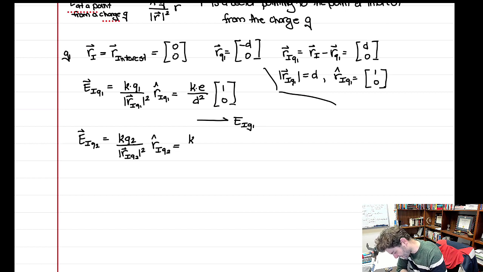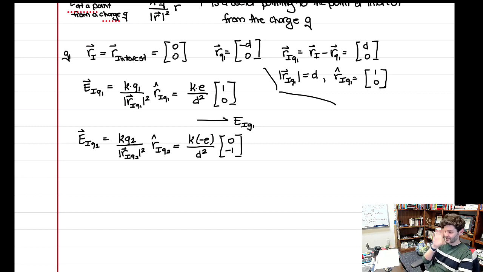Then that looks like it's k negative e over, it's also a distance d squared, and a vector that points to the origin from the top charge, looks like that's 0, negative 1. And again, go through the steps explicitly, right?